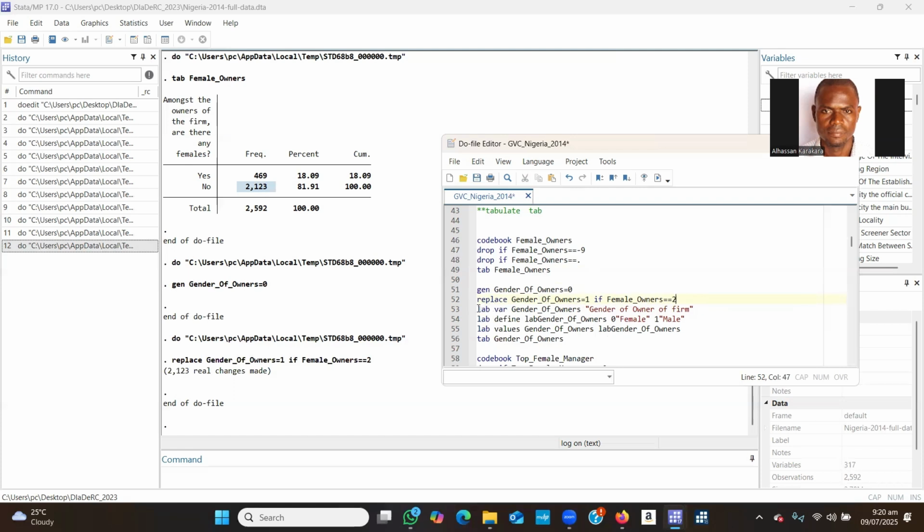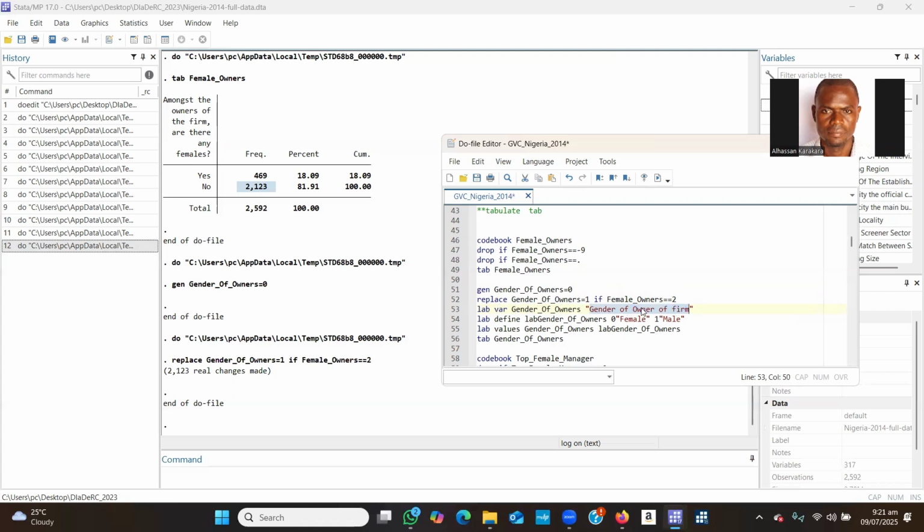Then the next thing is to label the variable. The variable that you created, gender of owners, you need to label it. The short command is lab. So we are going to label the variable gender of owners. In labeling it, you just type lab var, the variable gender of owners, then you put brackets open and type in full the name you want to give it, gender of owner of the firm.